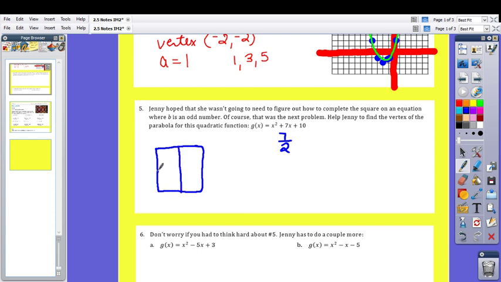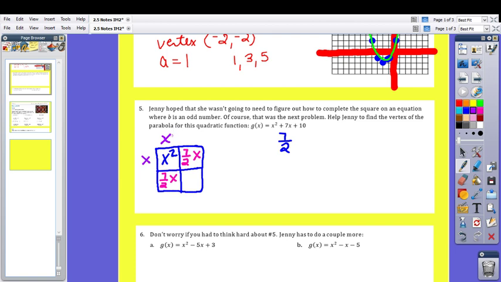So this is your x squared. Then when you do 7 over 2, this will become 7 over 2 x, and this will become 7 over 2 x.